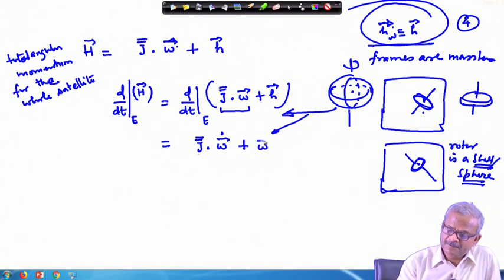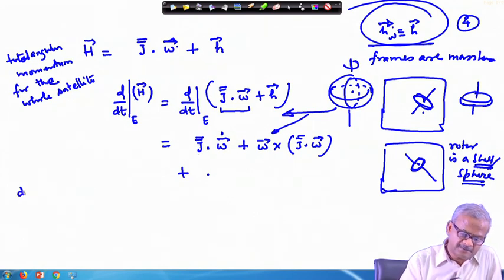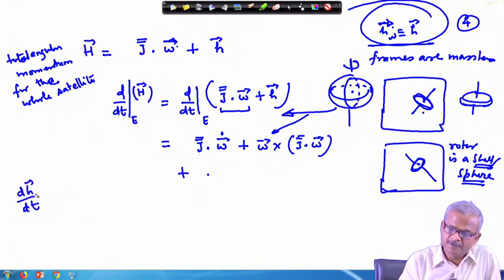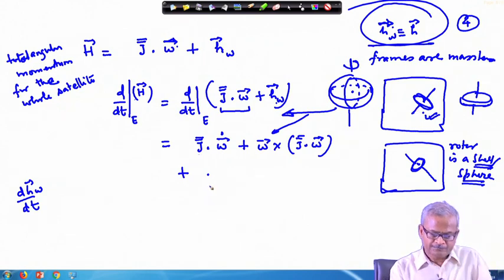So, this we can write as omega cross J omega plus this part, dh by dt. So, this is the angular momentum of this wheel with respect to the body. Okay.